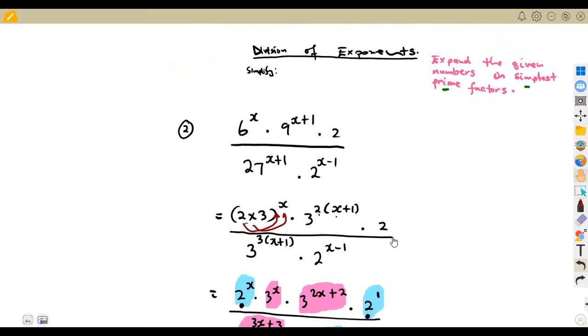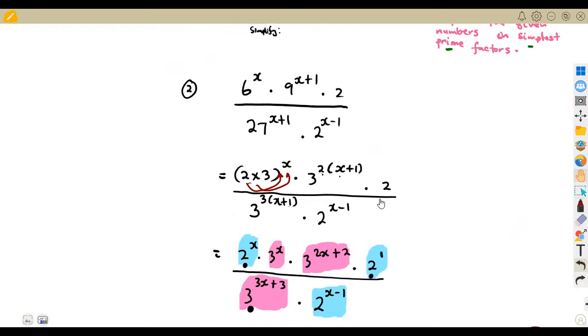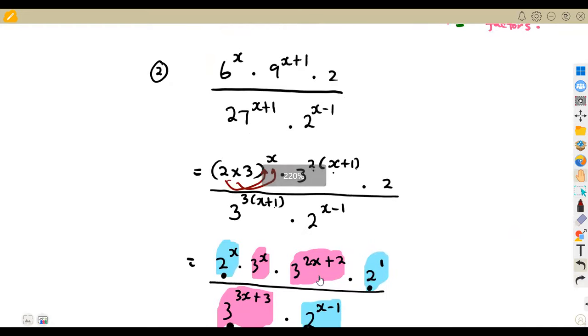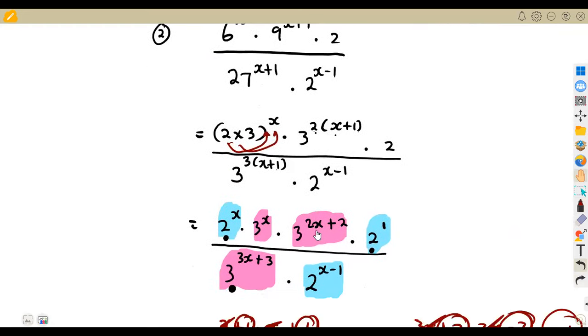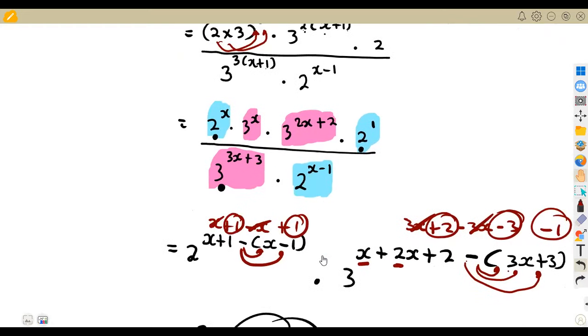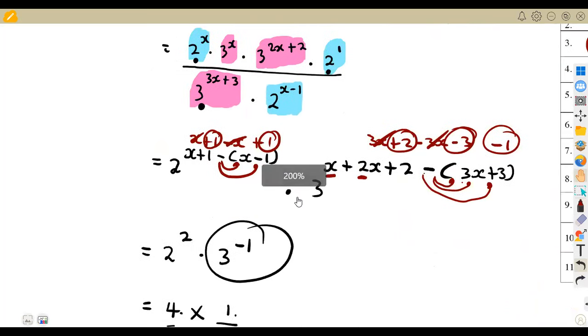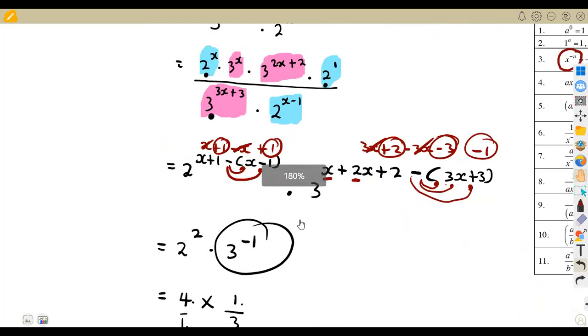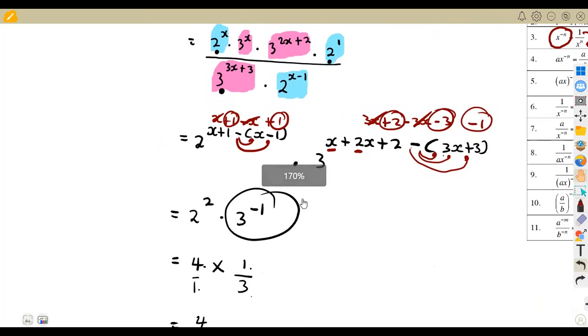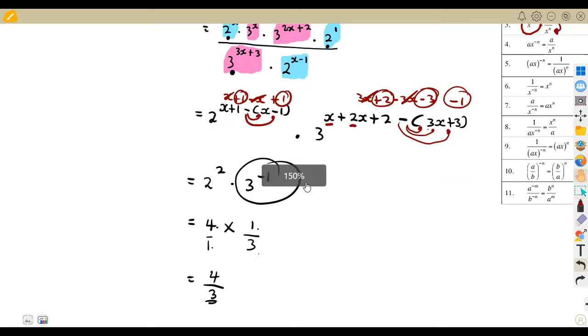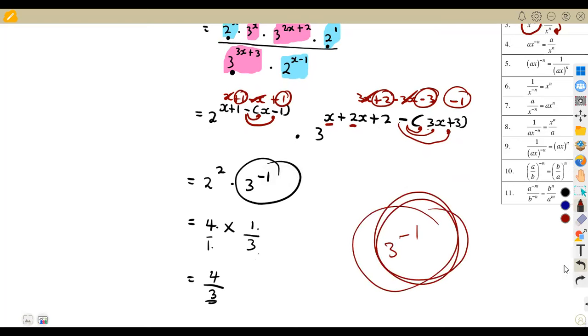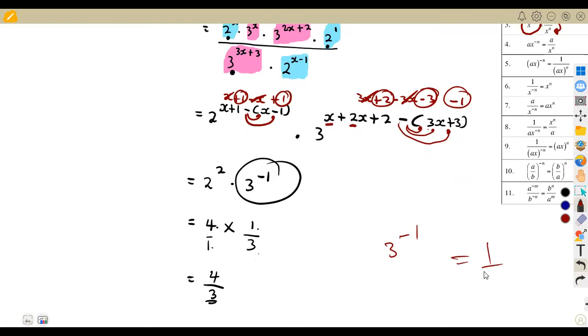So make sure that you understand the basics first, so that whenever you're simplifying, you can tell whether your answer is in simplest form or not. You cannot see that your answer is not in simplest form if you do not understand your laws. If you do not understand your laws, you can even leave your answer as 3 to the exponent of -1. Why? Because you do not understand that this can be written further as 1/3.